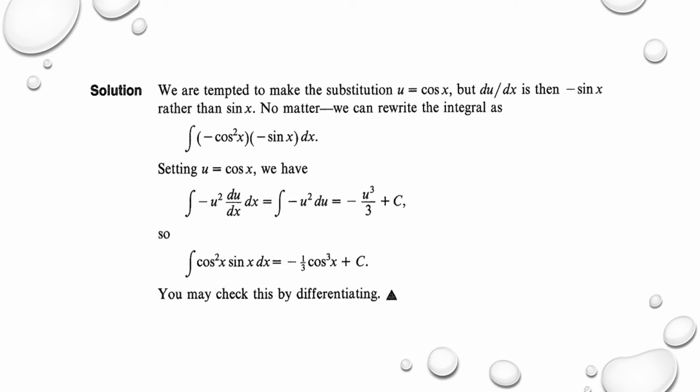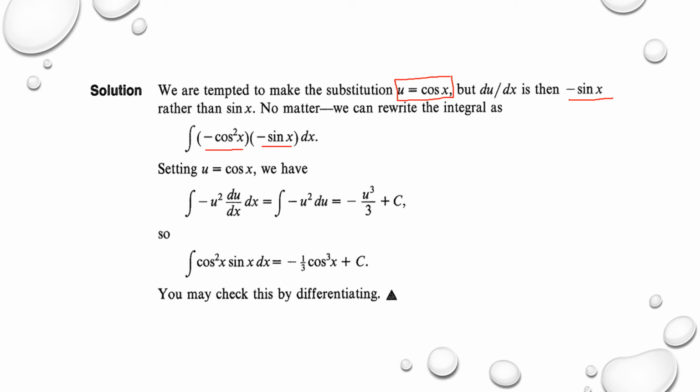We know that if we select u as cos of x, then its derivative is minus sine x. While in the question there is no minus sine x but sine of x. We write minus sine x, multiply this factor with a negative sign, and also we have to multiply the other factor with a negative sign.